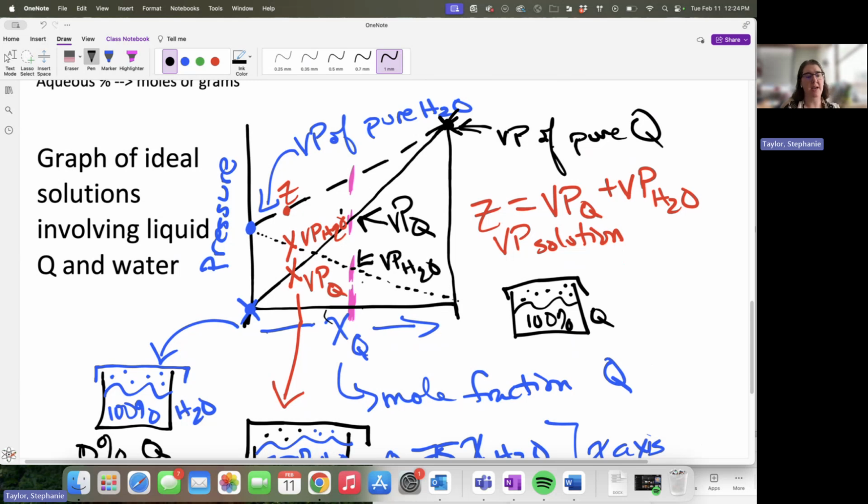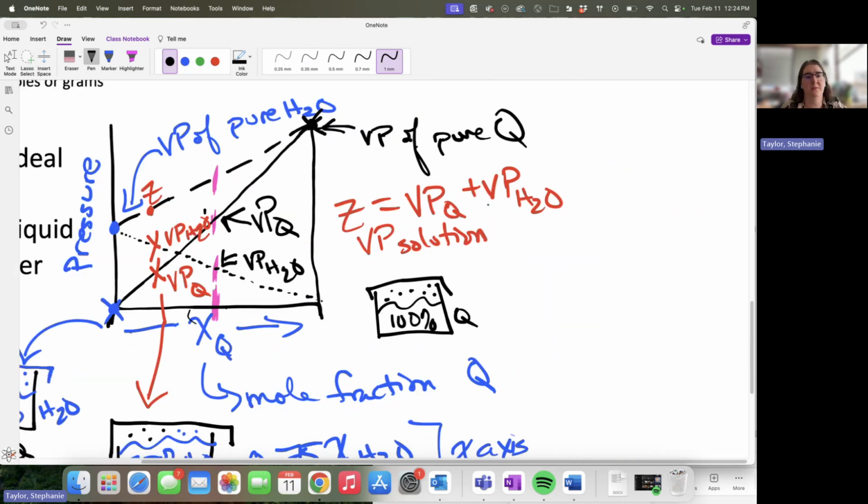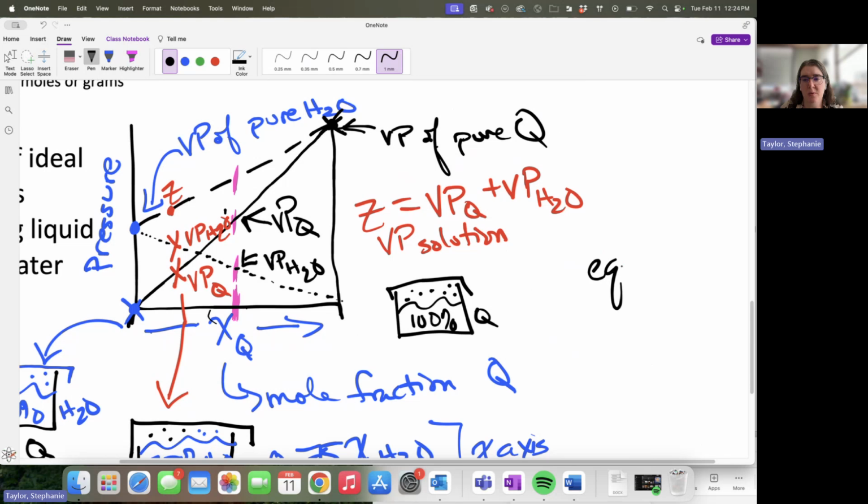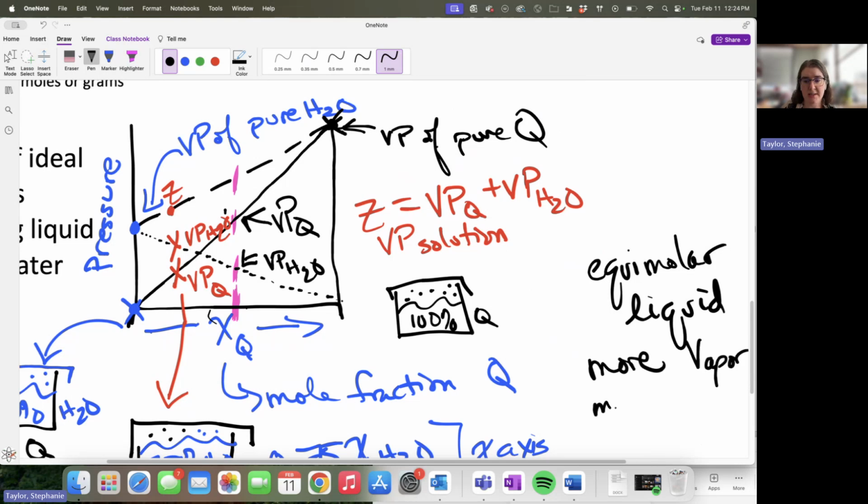So when I have an equimolar amount of the liquids, I'm gonna write that phrase down: when I have equimolar liquid, I have more vapor or more gas from Q. It's because Q has the higher vapor pressure, which we can just see by looking at these places on the axis.